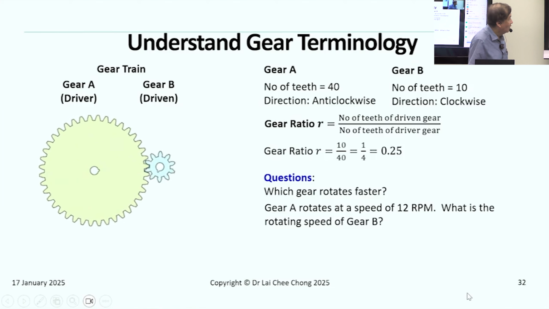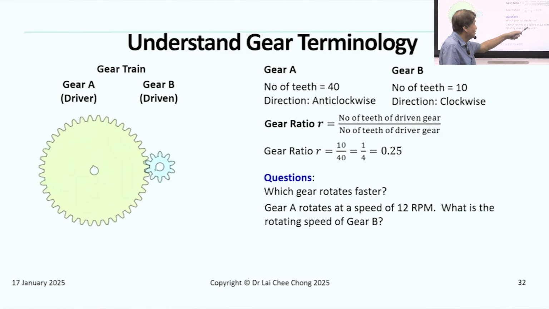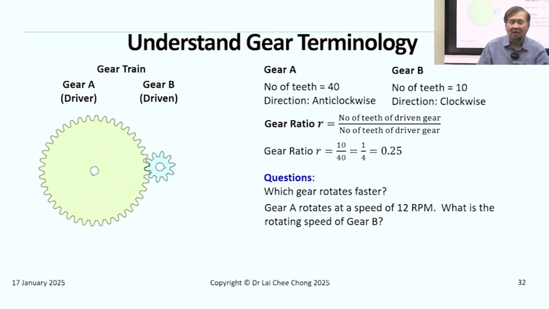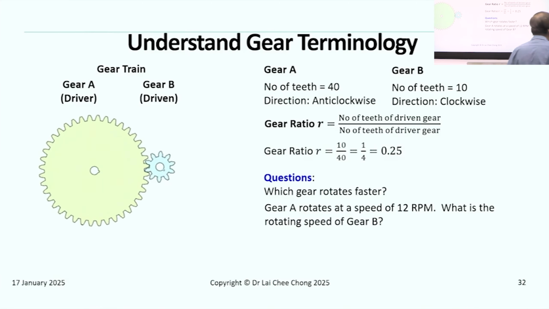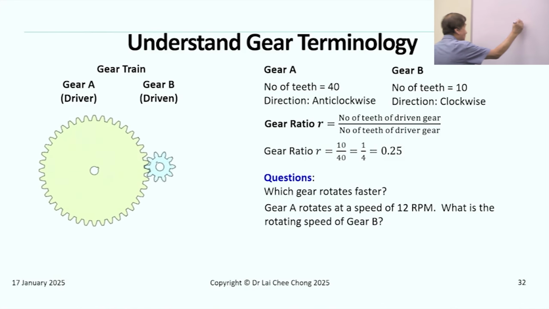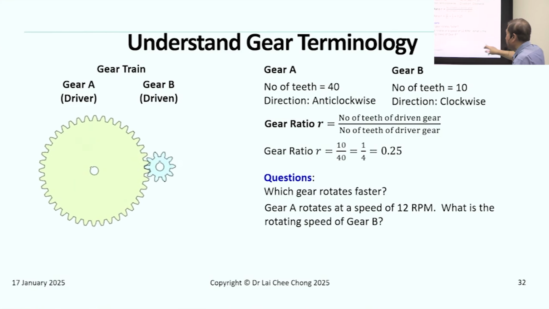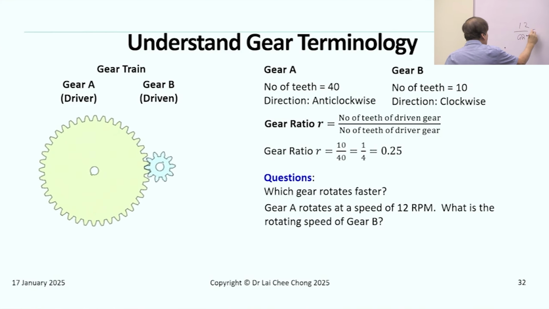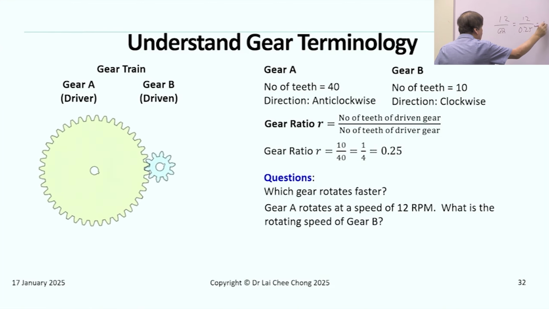What do you think? What should it be? How fast should it be going? How many times faster? 4 times faster. How do you get 4 times faster? Let me ask a question. How do you work it out? You got 12, right? 12 is the rotating speed of gear A. Am I right? You divide by the gear ratio, which is 12 divided by 0.25, and that is equal to 4.